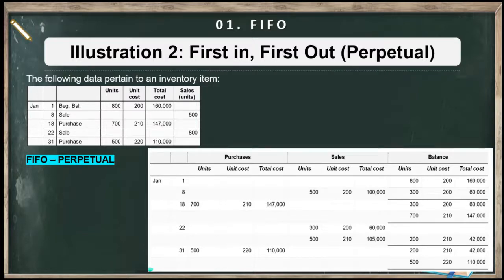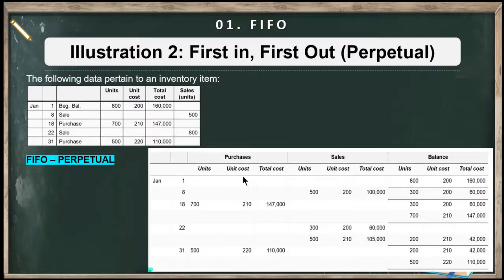We multiply 500 times 200, which would be 100,000 pesos. That's the total cost of the items sold. So how much is left? 160 minus 100, that would be 60,000.